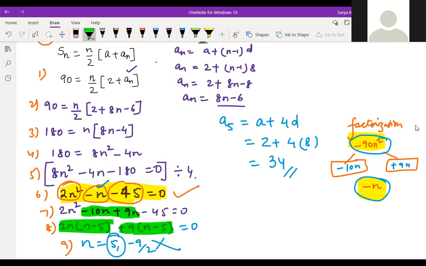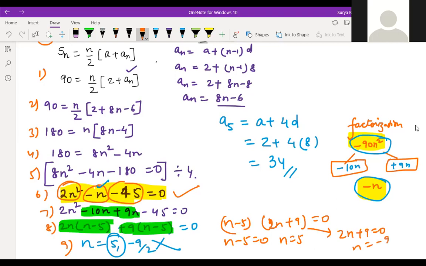So (n - 5) is common in both, so we can write (2n + 9)(n - 5) = 0. So we'll get n = 5. If 2n + 9 = 0, we'll get n = -9/2. Understood? Yes, sir. So this is the easy way.